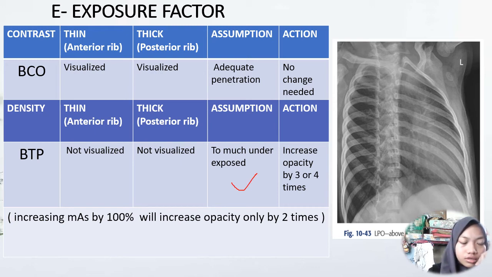This is because the bony cortical pattern of the thin structure, which is the anterior rib, cannot be seen, and the thick structure of the posterior rib also cannot be seen. So we must increase the opacity by 3 or 4 times. The conclusion is we must increase the mAs by 100%, then it will increase the opacity only by 2 times.